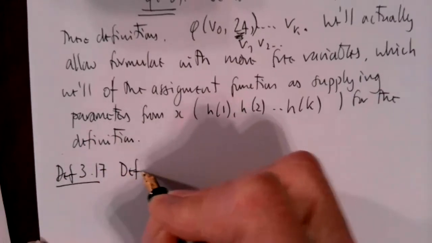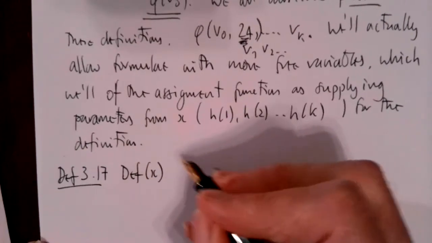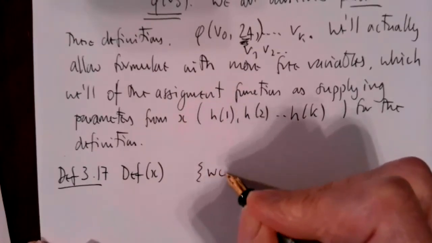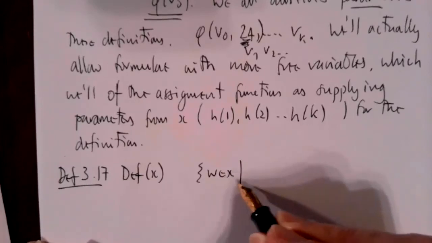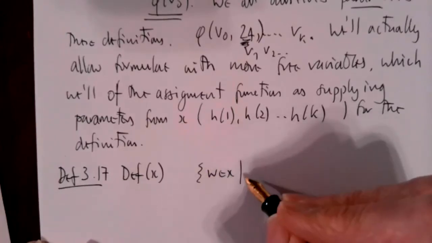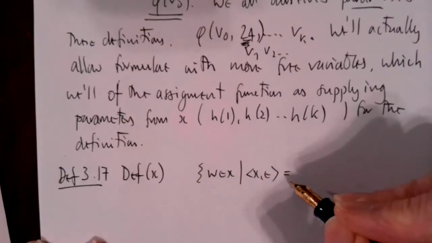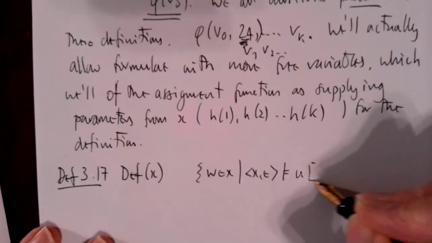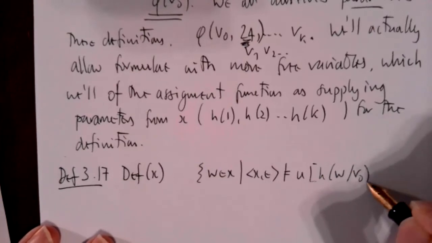What is def X? It's going to be a collection of objects. Here's a set defined by the definition phi. Put in W for v0.